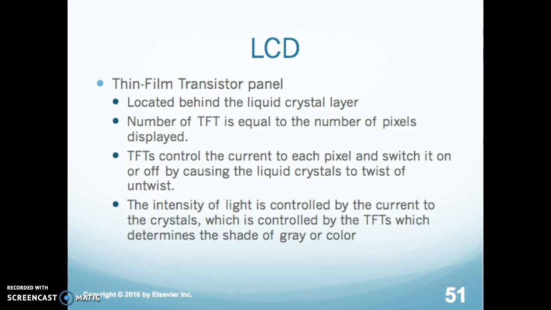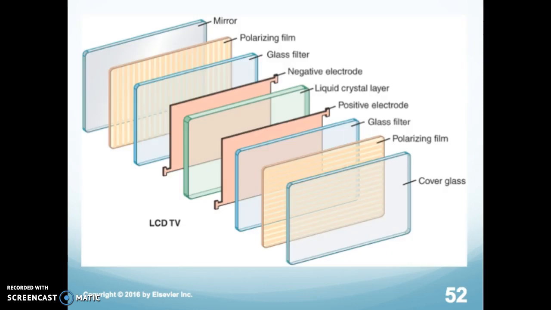The number of TFTs is equal to the number of pixels displayed. TFTs control the current to each pixel and switch it on or off by causing the liquid crystals to twist or untwist. The intensity of light is controlled by the current to the crystals, which is controlled by the TFTs, which determines the shades of gray or color.